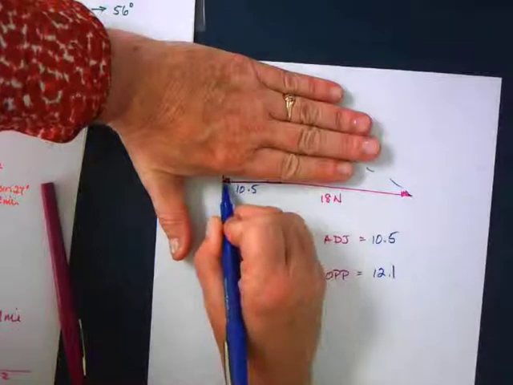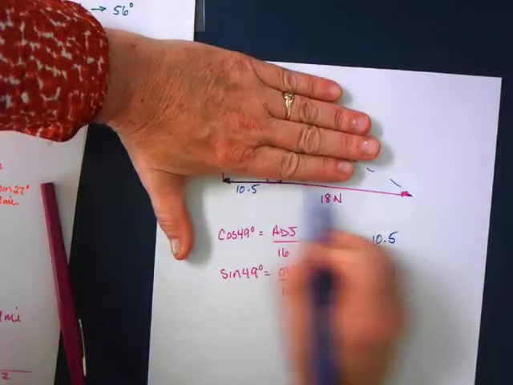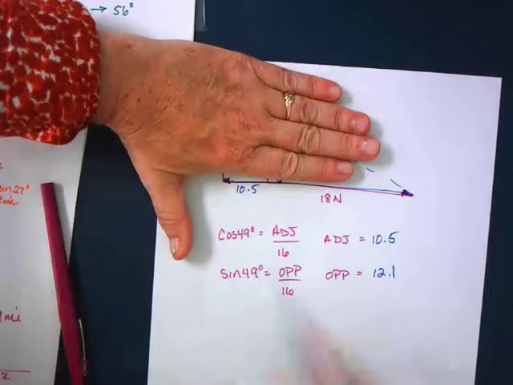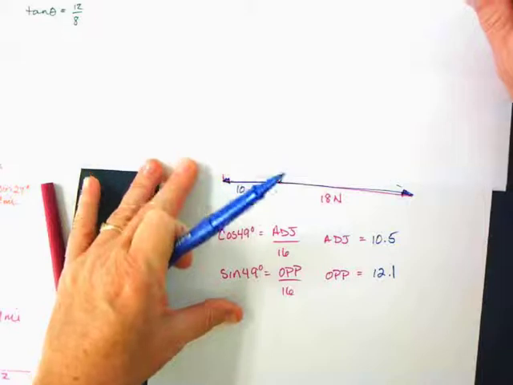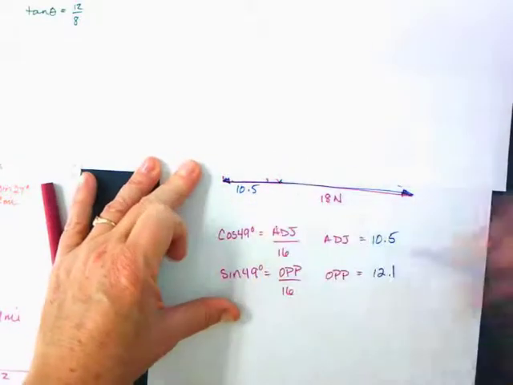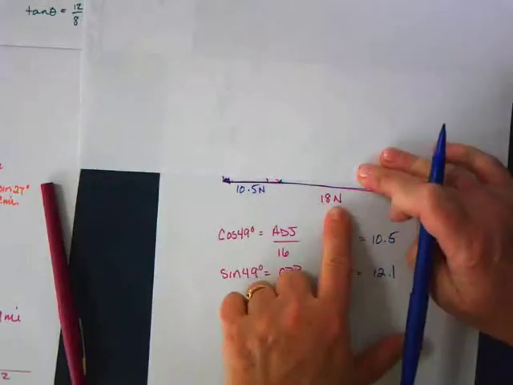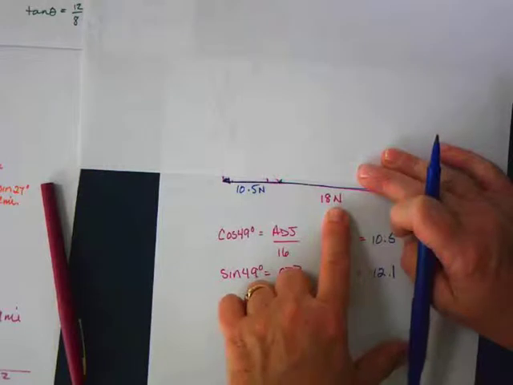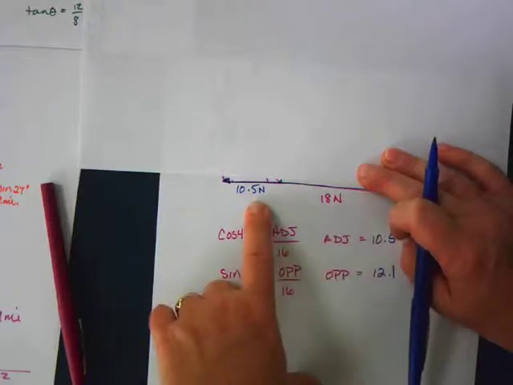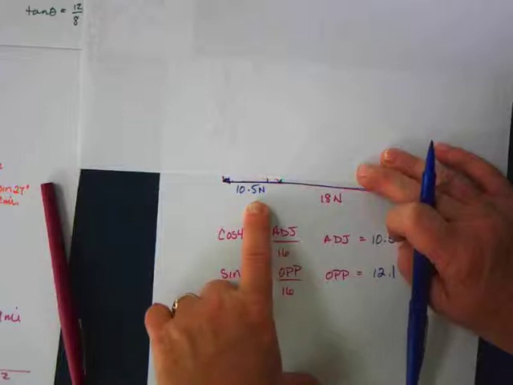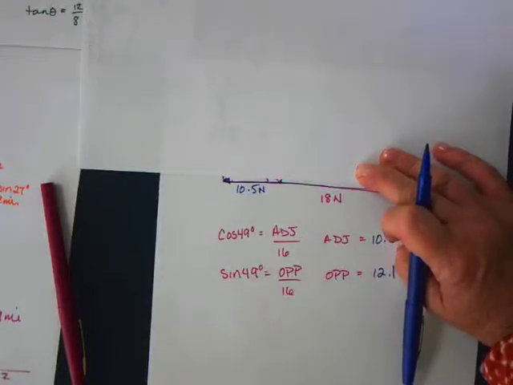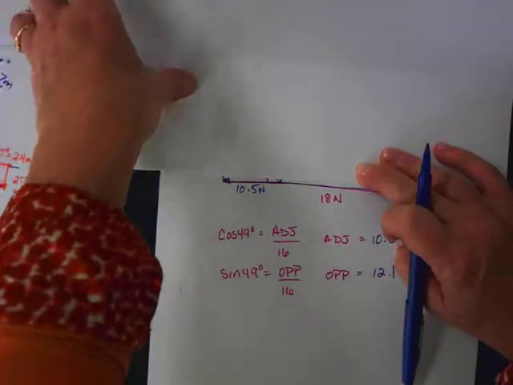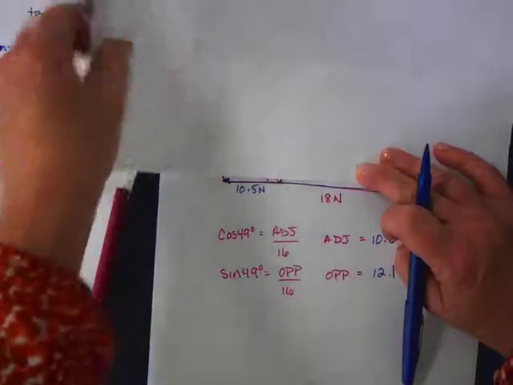So I want you to ignore everything other than these two vectors right here, the 10.5 and the 18. If I said this is a conveyor belt problem, wherein you have a conveyor belt moving at 18 feet per second to the right, and you're walking on the conveyor belt backwards at 10.5 feet per second to the left, how would you find the resultant, or the speed relative to someone watching you?